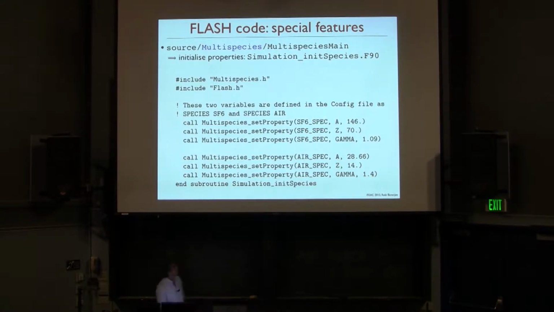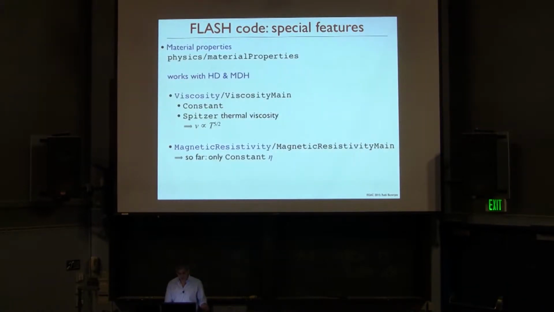You just call this function, multi-species set property. You have to assign a name to it, then go through the list of properties which I outlined here and set the properties specific to this one single species. That's very straightforward. All the interfaces are already there, and this function puts it into the memory database. So this is one thing I wanted to show.